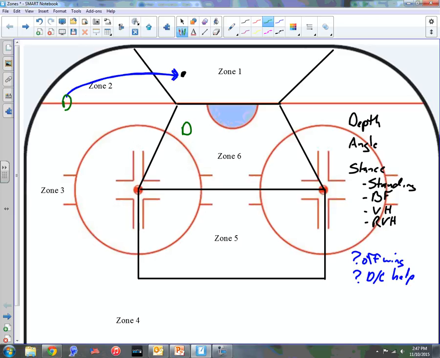They've probably beaten somebody out of the corner here. Do I have somebody sealing this area right here to prevent them from walking up? If they are, then I'm probably worried about maybe a pass. Maybe they're going to skate it to the back door.